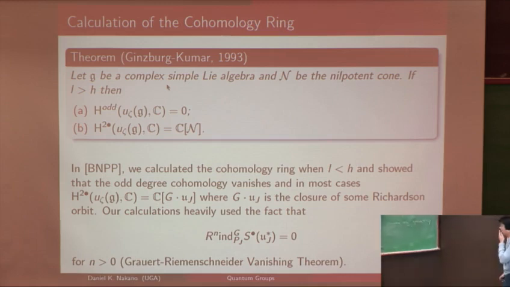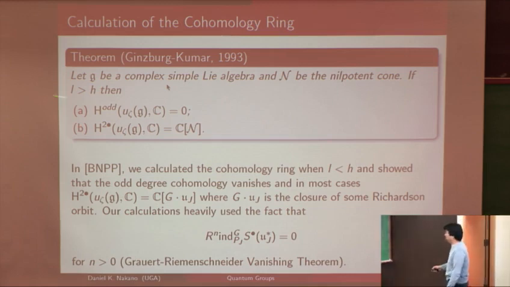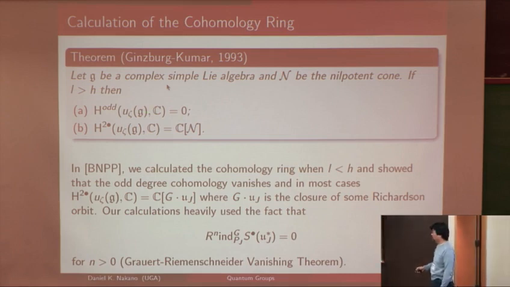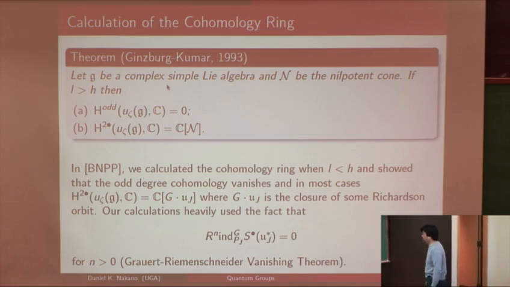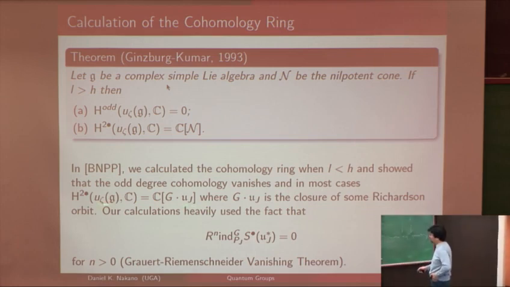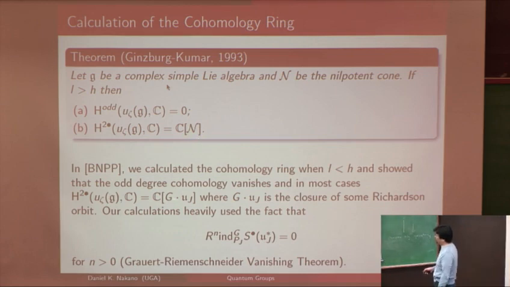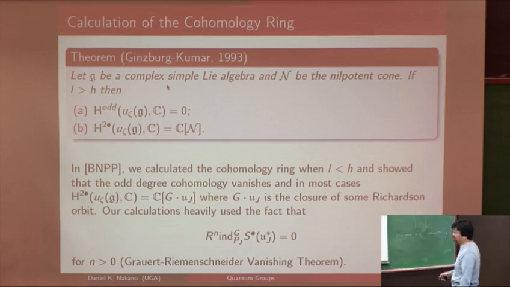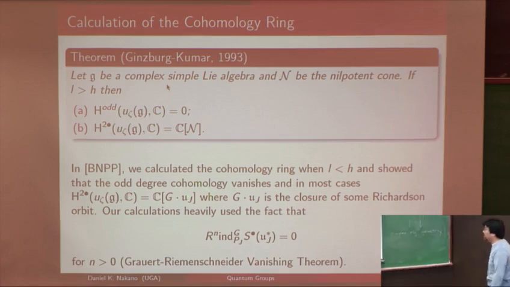It turns out more can be said even when l is small. That's where we actually calculated for small l's, and we showed again that the odd degree cohomology vanishes. In most cases, the even degree cohomology can be identified with the ring of regular functions on the closure of a Richardson orbit. It's an orbit contained inside the nilpotent cone, of the form G times u_J, where u_J is the unipotent radical of a parabolic.